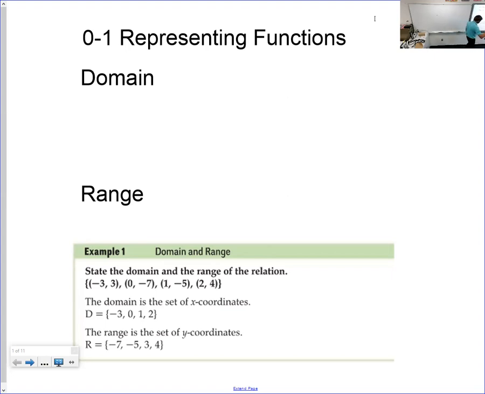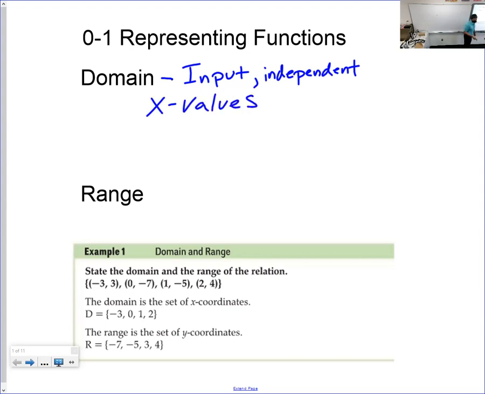So the domain, there's a few ways we can talk about it. Sometimes we'll say that this is the input. Sometimes we'll call it the independent. But for today, more importantly than those, it's going to be x values of a function or a relation.